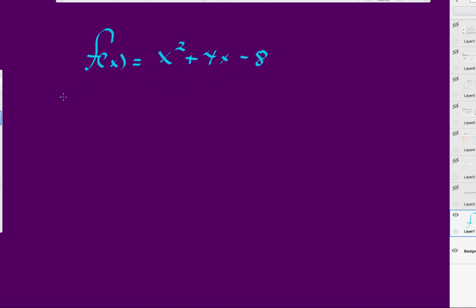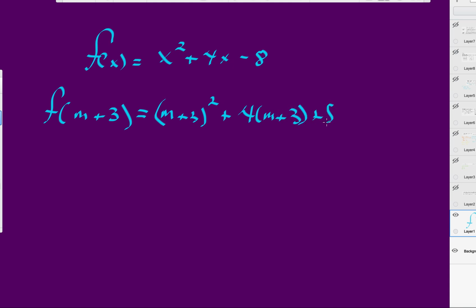And we want to find f of m plus 3. Well, that means we're going to input wherever we see an x, m plus 3 in parentheses, and that will keep the square term there, or the exponent there, 4 times, and then we'll put in our m plus 3, right? And then we'll add 8 to the backside.